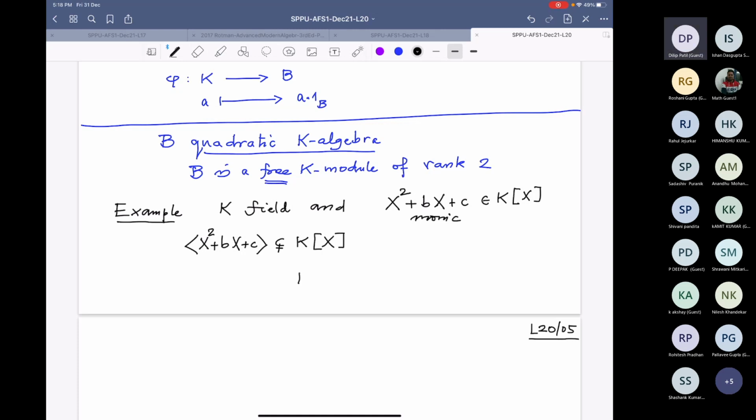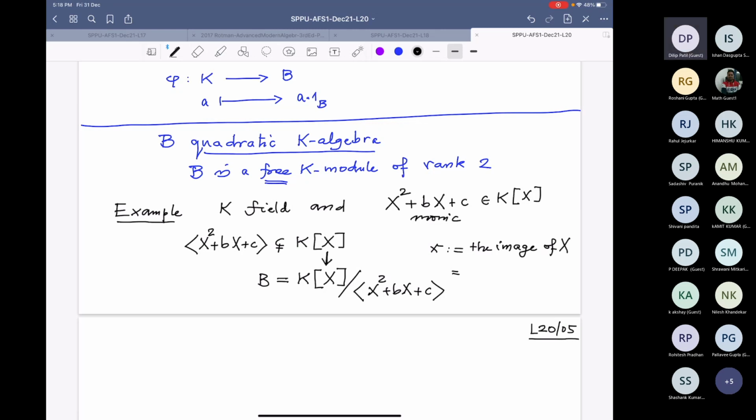And then I go modulo that. So I consider B to be this: K[x] modulo this ideal. And now I will denote small x to be the image of capital X under this homomorphism.